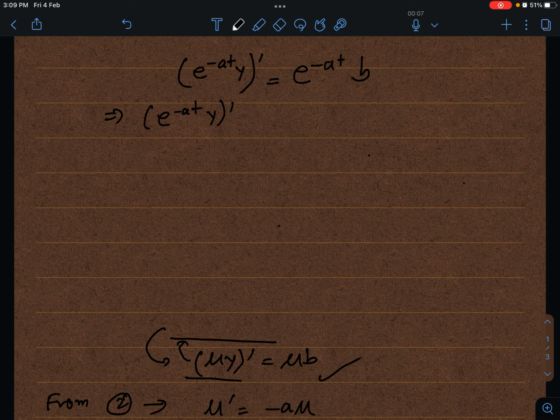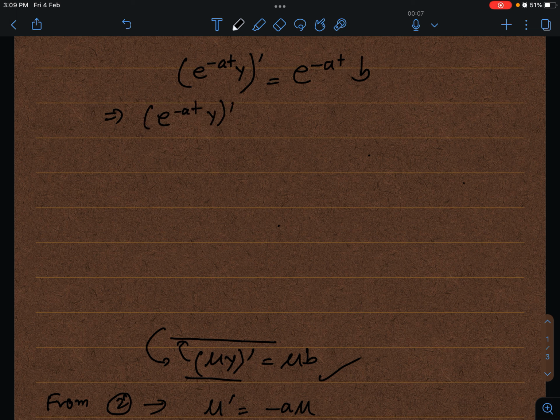So this right hand side can be written as minus b by a e to the power minus at whole prime. Okay. Why did I do that? Because I want to take the right hand side to the left hand side, so that I can write the whole differential equation as a total derivative. How? I will explain it later.